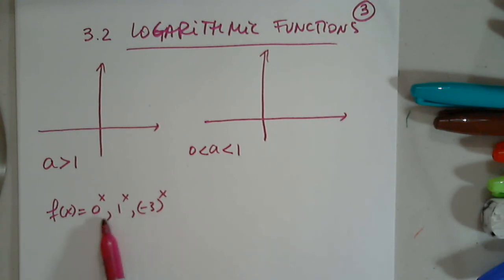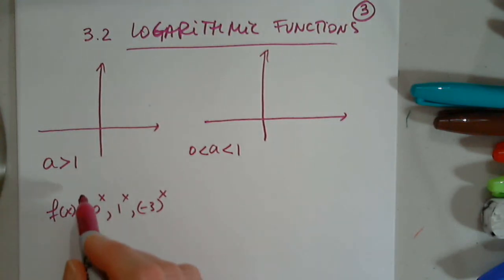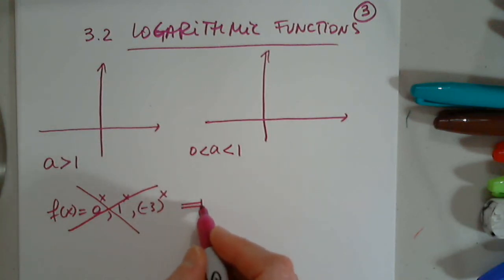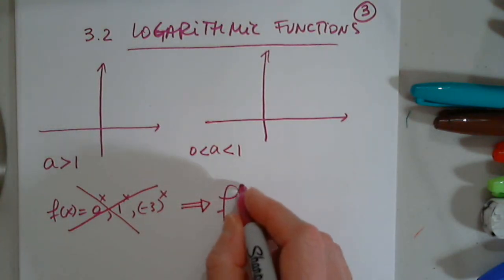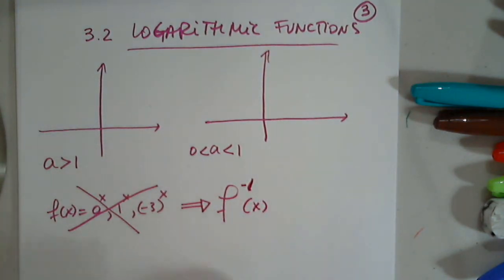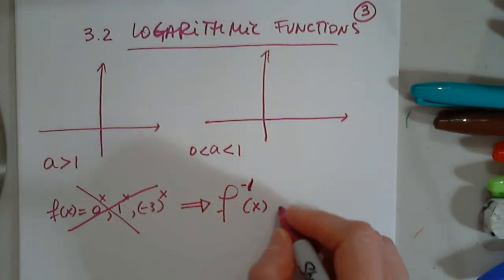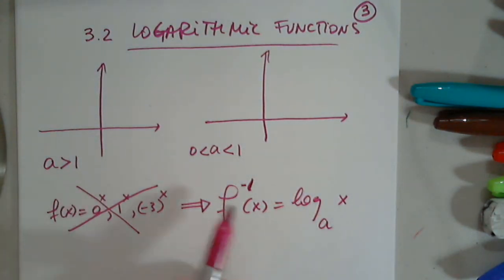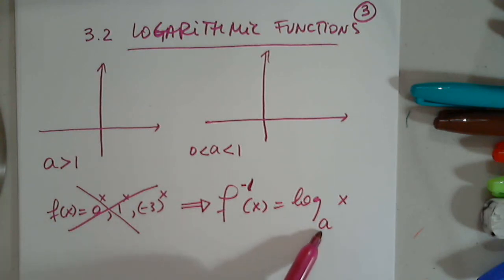How come that these are excluded? They are excluded from the exponential function because we would not be able to define its inverse, negative 1. Its inverse function is log base a of x. A is the base for the exponential as well as for the log.